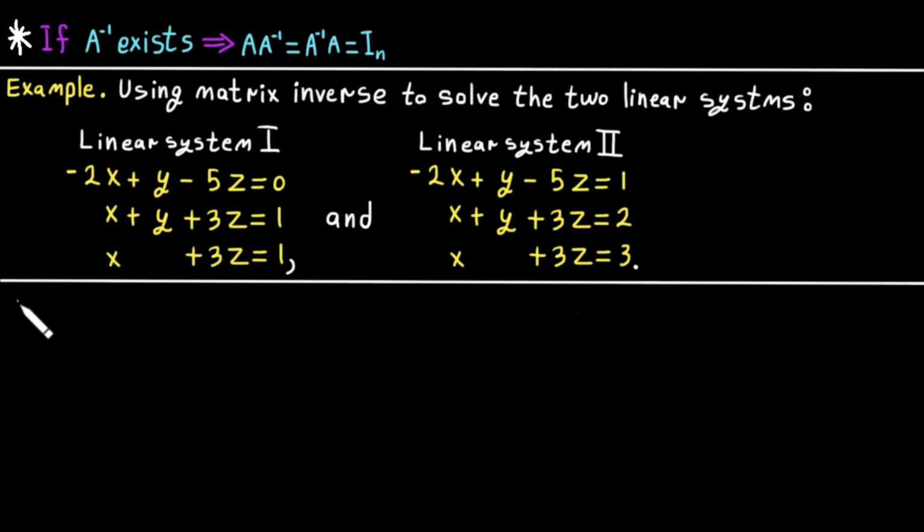So here let A equal -2, 1, -5, 1, 1, 3, 1, 0, 3.